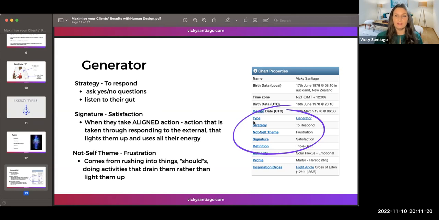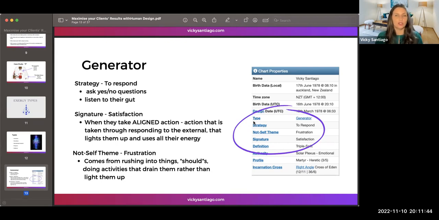So if you ask a generator, do you want to eat pizza? They might know in their gut, yes or no. Maybe it's a uh-huh or an uh-uh. Maybe it's a feeling of pulling towards or of pushing away or of lifting or of heaviness. But they'll generally have that feeling in their gut.